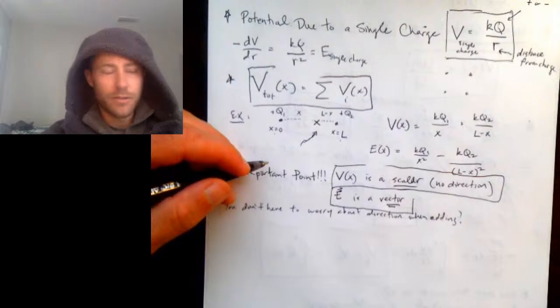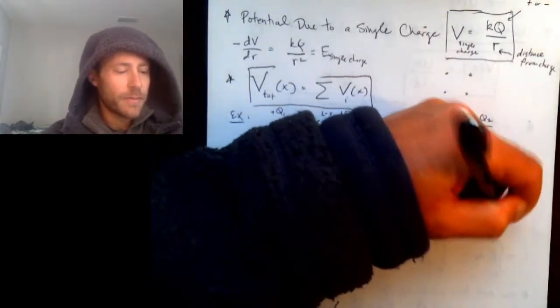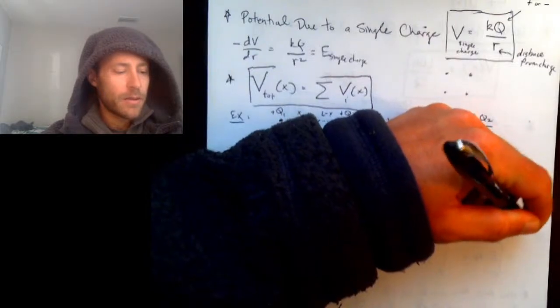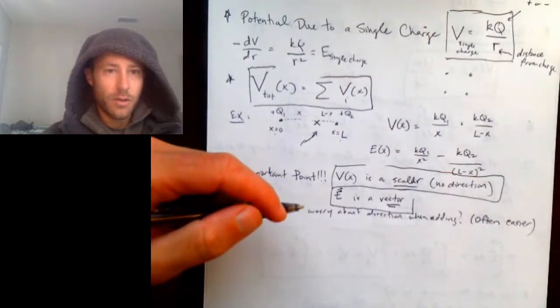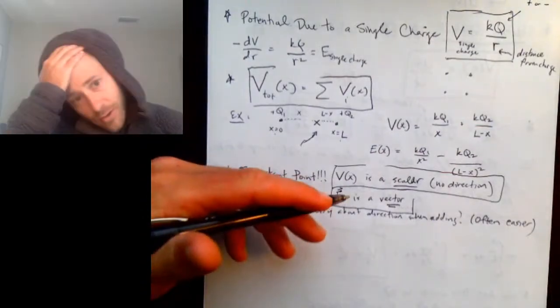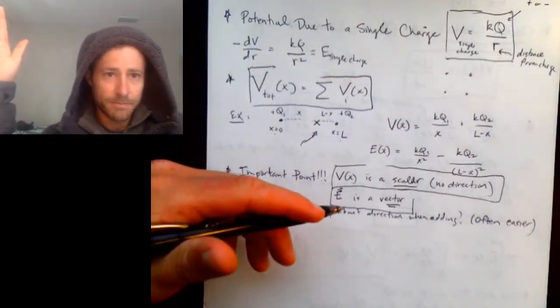So this means that it is oftentimes easier to work with electric potential. In more advanced physics classes, you pretty much work entirely with the electric potential.